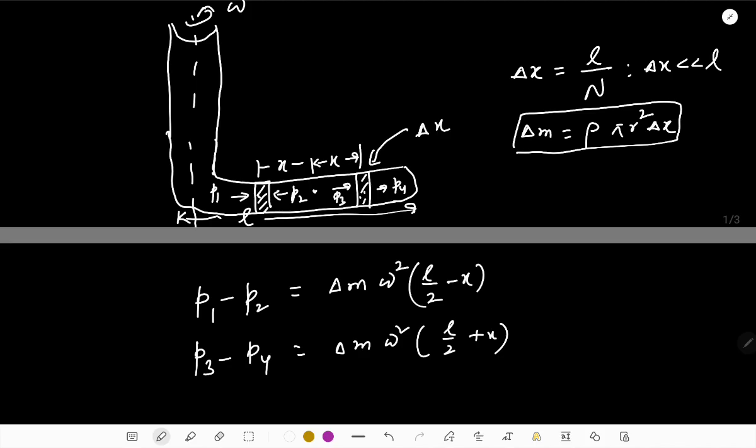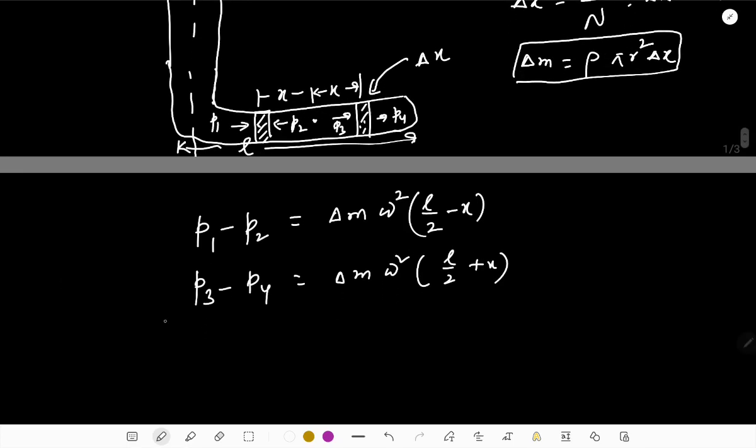I just wrote those two equations to balance the centrifugal force. That way you can consider that I am working in a rotating frame with respect to which the liquid in the capillary is at rest.